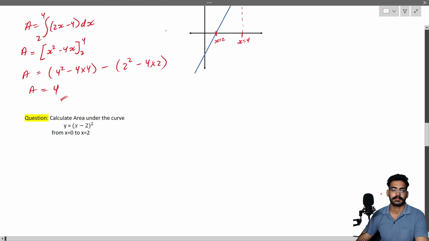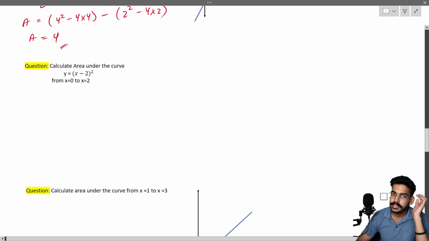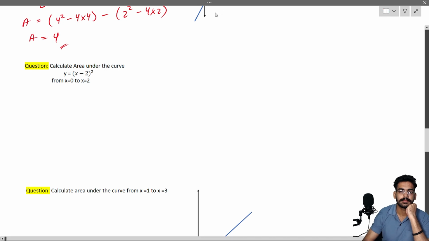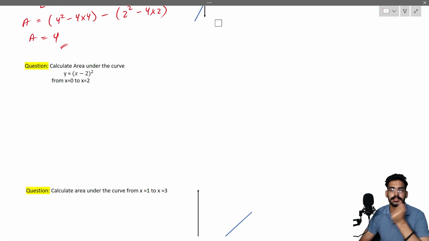Now see, calculate the area under the curve y equal to x minus 2 whole square from x equal to 0 to x equal to 2. Okay, now let's do this.